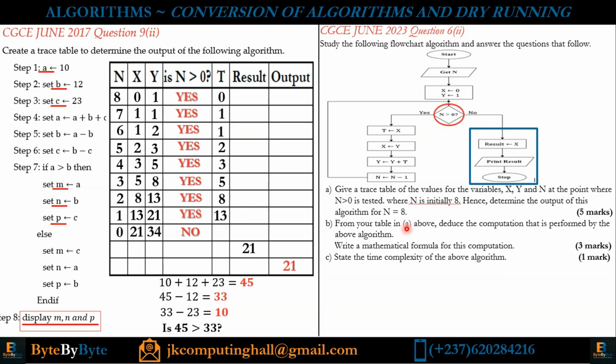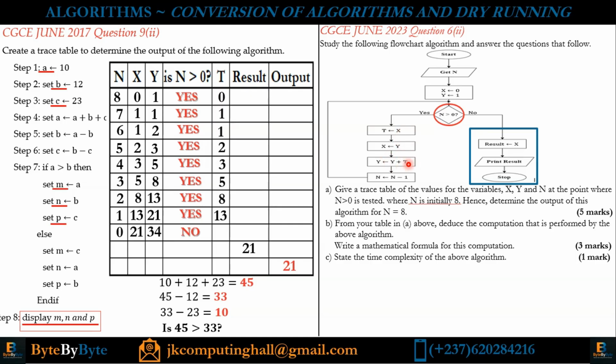For a student who went through all the lessons of algorithms on the channel, you will understand that if I have an input 8 and my output gives 21, and from what we have, we are seeing that at every point of time, we have a variable t that takes the first value, then x takes the second value, and at the end, we are adding both because here we are simply adding y plus x since t is taking x.